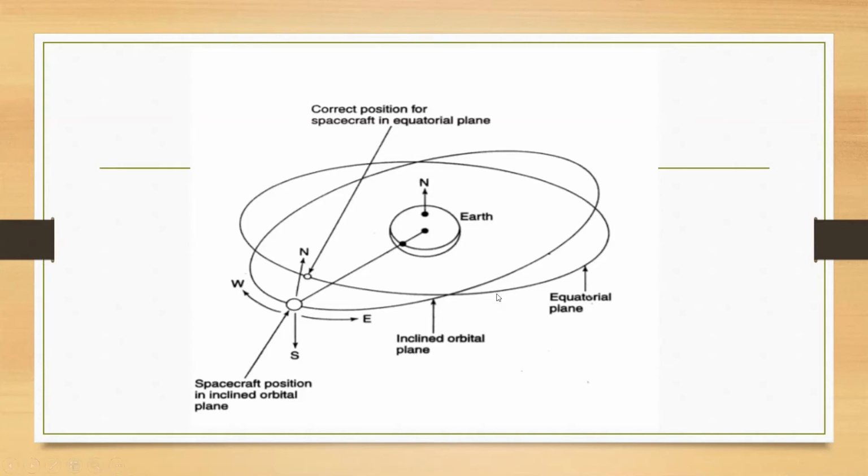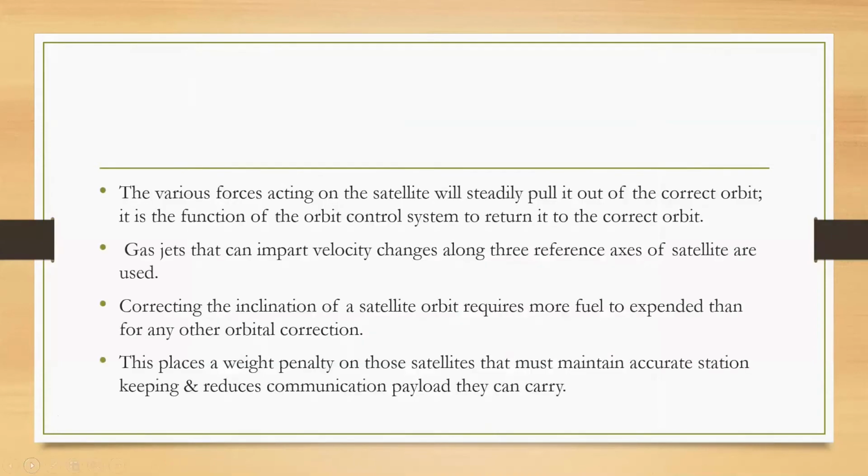So what has to be done is, as soon as the satellite is launched into the orbit, as I told you, the first parameter deciding its inclination is the point from which it is being launched, as well as the other effects on the orbital plane because of the various parameters that the satellite has to come across while revolving in the orbit. So again, these parameters are sensed and the changes are made in the orbital parameters. They are done with the help of the jet thrusters, as I told you, and it was visible in the video also.